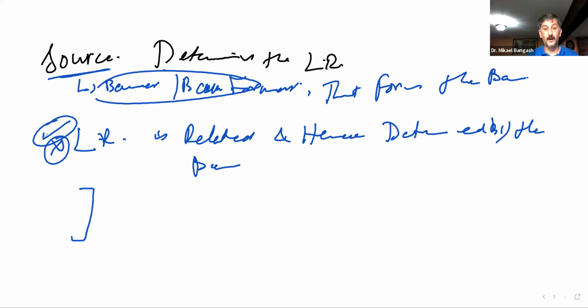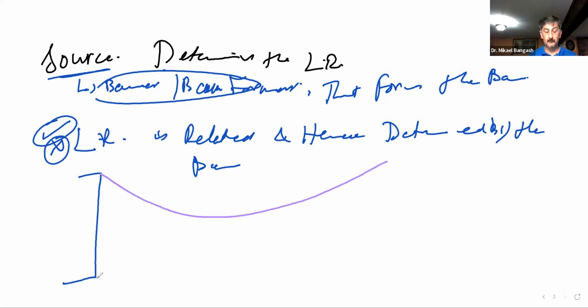Now, if you look at what a beam looks like, it's not going to be the same at all depths. If this here is your beam, what do you see?